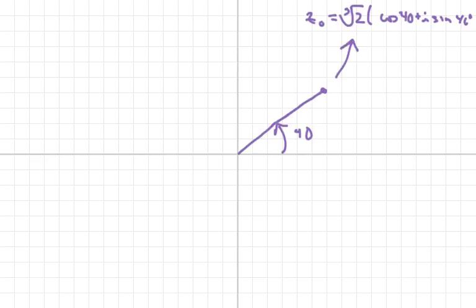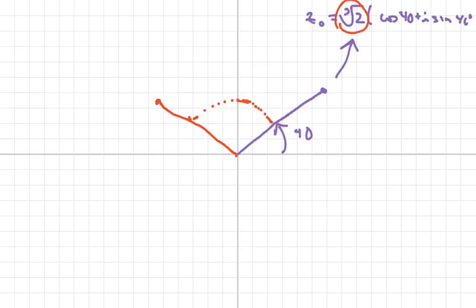And then for the second one, z_1, it's going to be 160. 160 is 180 minus 20, so it's right in here. Or basically, you can say just adding 120 to this. So we're adding 120 to this, and you get something like this. Your r is still cube root of 2.